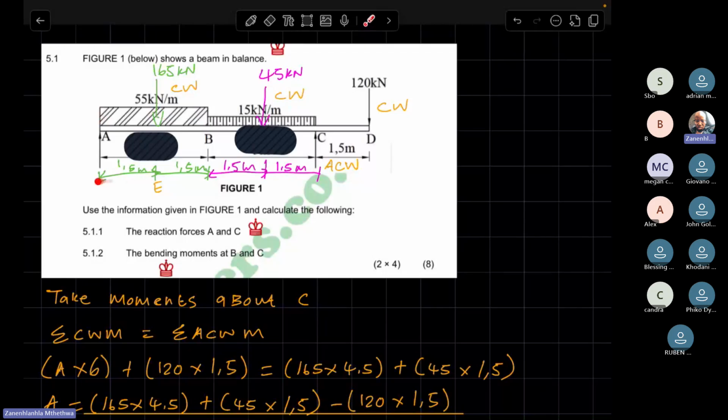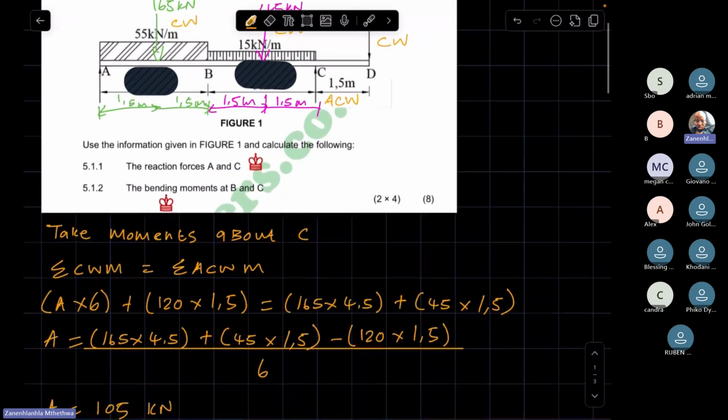So only considering the 1,5. But there is no point there. And seeing that the points that we do have consider essentially the whole span of the UDL, it means in resolving this UDL into its weight, we are going to multiply it by its whole span. Hence, we are still going to get the 165. So we use the 165 exactly as it is.